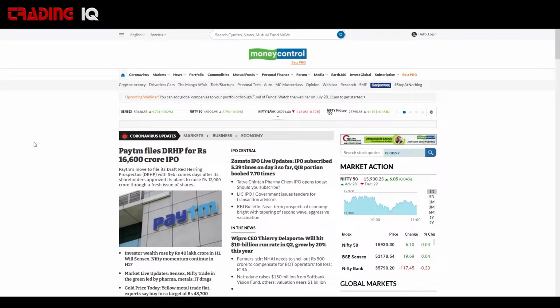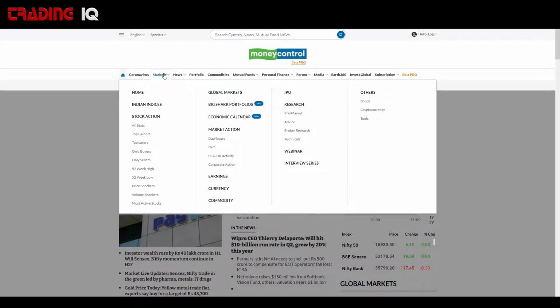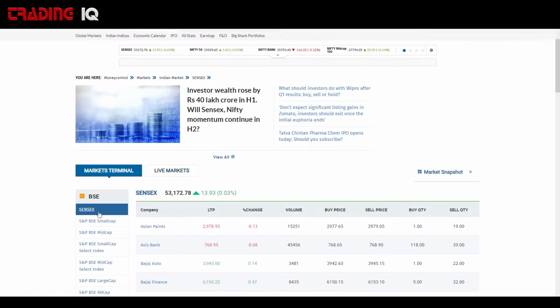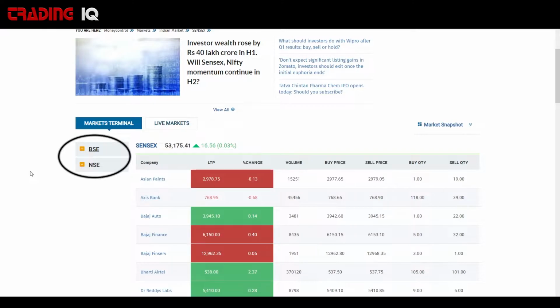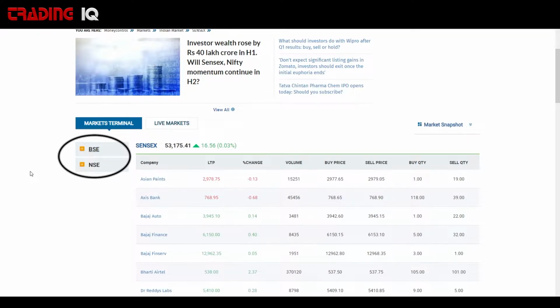The best website available in the market to study sector is moneycontrol.com. Once you're on the website, you will hover your mouse on market and then click on Indian indices. Now, once you're there, you would see BSE and NSE. So these are two exchanges.